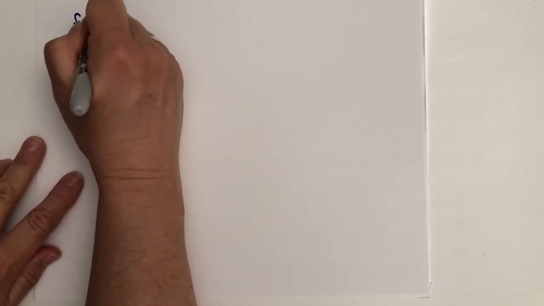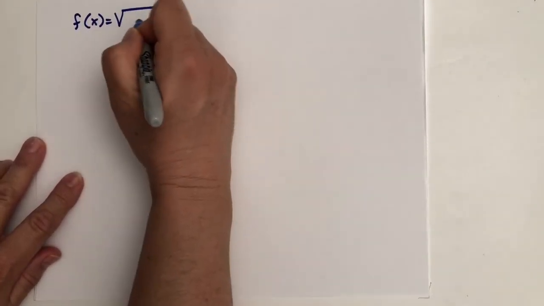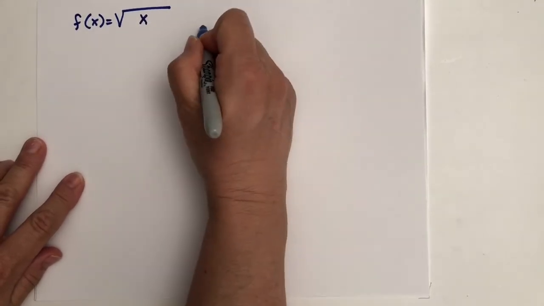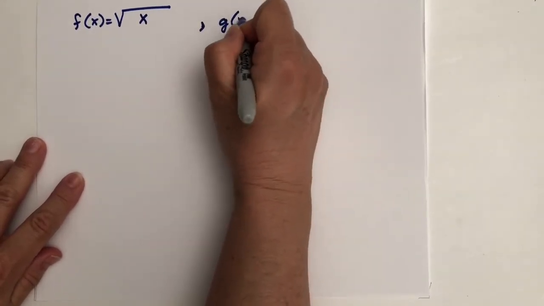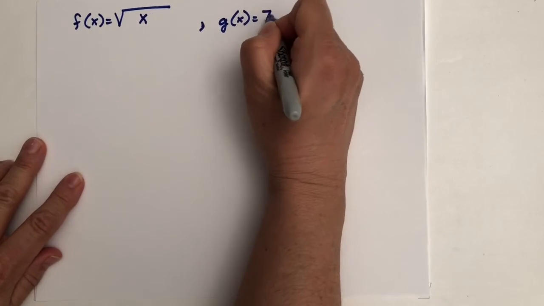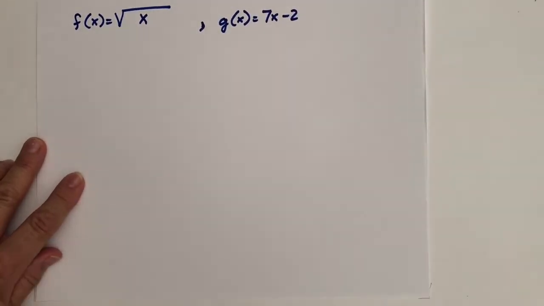Let's do another one. How about a function that looks like this? f of x equals the square root of x, and g of x equals 7x minus 2.